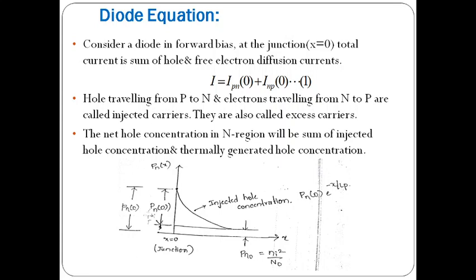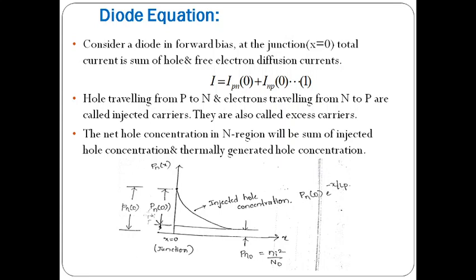So we have written it as Pn of 0 into e power minus x by Lp. Here you need to observe that there are two P's: one is capital P, another one is small p. Don't confuse them in this diagram. This capital Pn of 0 into e power minus x by Lp is the injected hole concentration.